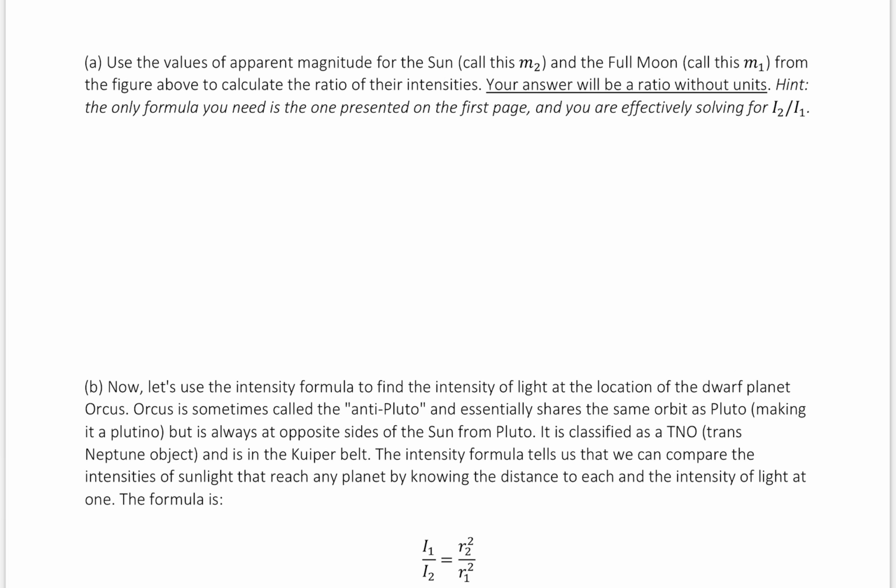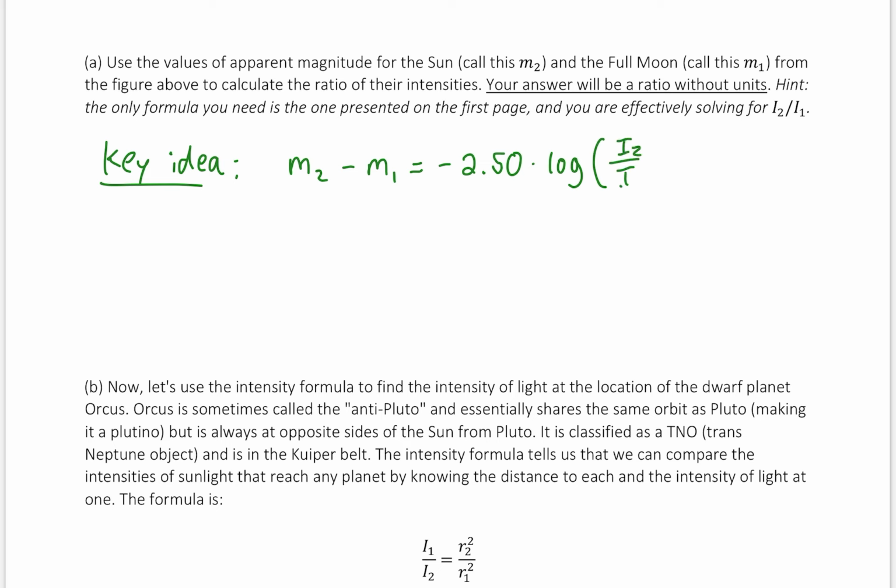All right, so in part A, our key idea is that we want to work with the apparent magnitude formula. So we're going to work with the formula that is written as m2 minus m1 equals negative 2.50 times the logarithm, that's the base 10 logarithm, of I2 over I1.